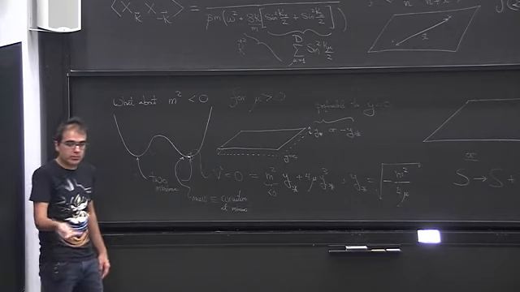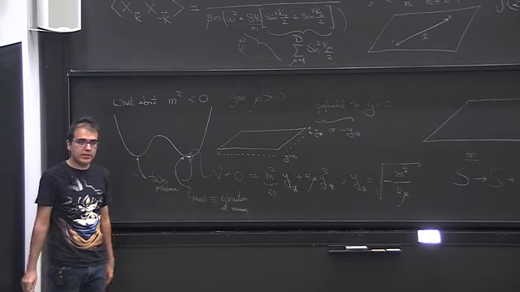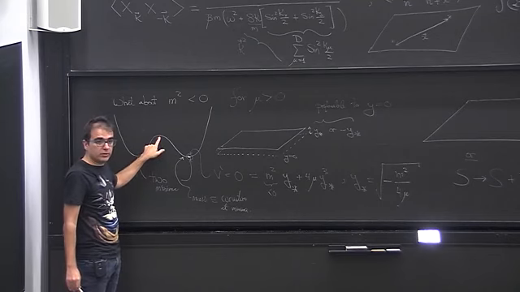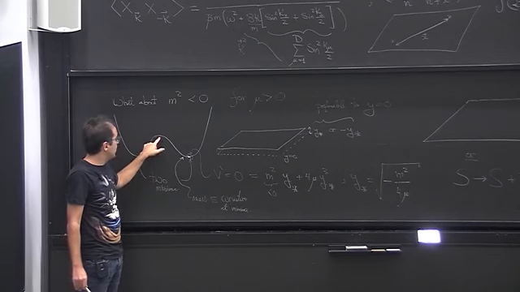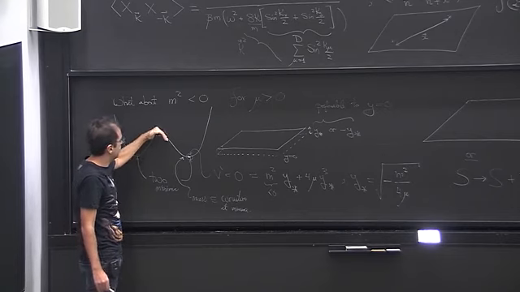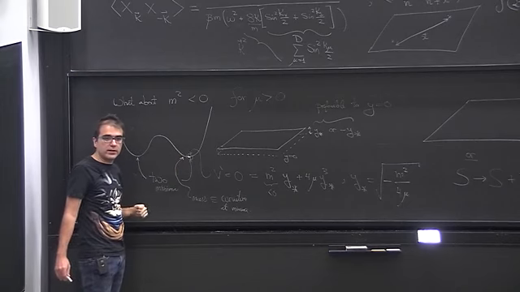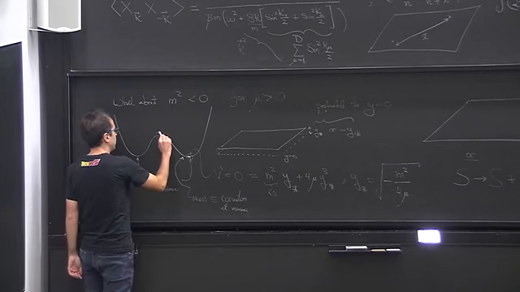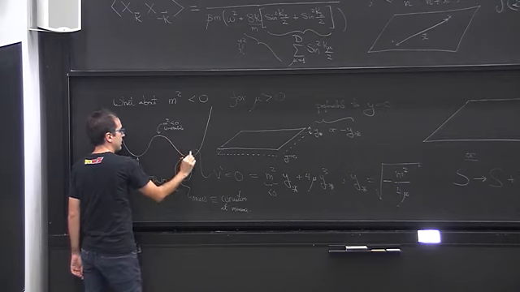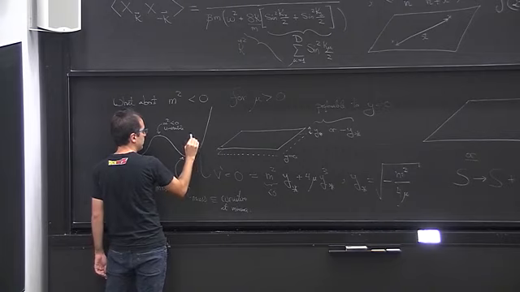What would be reasonable is to expand around that minima. But here, m squared is negative, which is what we call a tachyon, which is just an instability. It's just saying that you start here and you will roll to the other side. So the fact that m squared is negative here just means that this point is unstable. Then we go here, where m squared is positive.